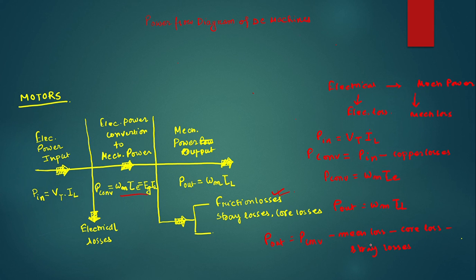Now, many people have confusion about these stray losses. Stray losses are nothing but the losses which occur not due to the core of the machine or not due to any kind of electrical losses or I square R losses. These losses are actually due to the temperature increase of the machine while it is running.